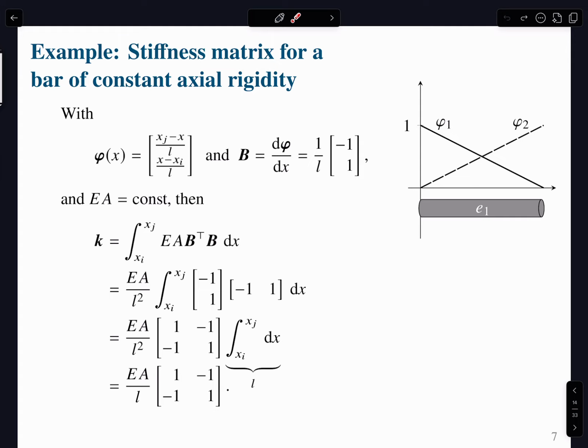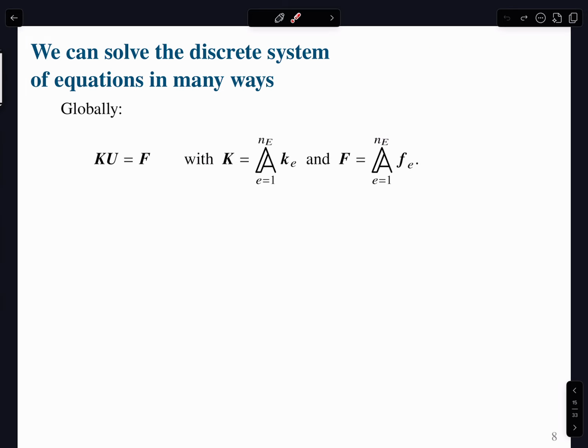Because if you add them all together, then basically you get the same stiffness matrix out of it. You get the same stiffness matrix, yes. For every bar, it's going to be the same. It's particularly important if E and A are not constant over the length of the bar, because then you need to integrate differently in each bar, and then you're going to get different values for each element. Yeah? Yeah. All right.